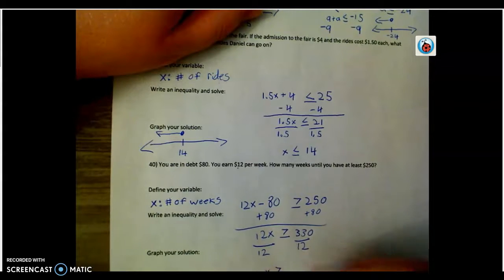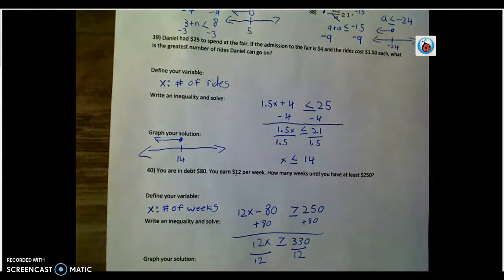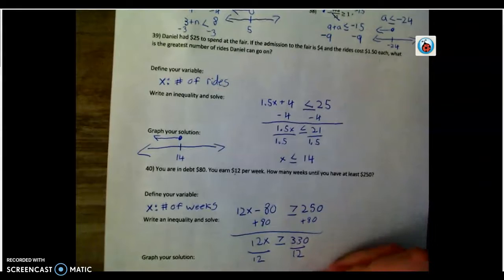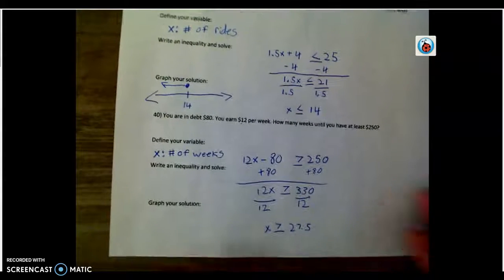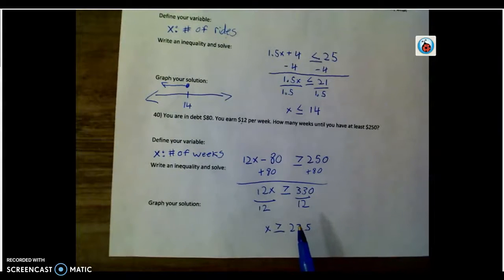We get x is greater than or equal to, I believe you should get a decimal for this, 27.5. So hopefully you can think about that. Can I save for 27.5 weeks? Can't really save with half of a week. So in reality, if we want to have at least $250, we'd have to save for 28 weeks, not 27.